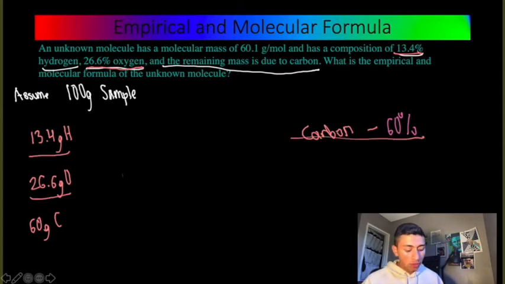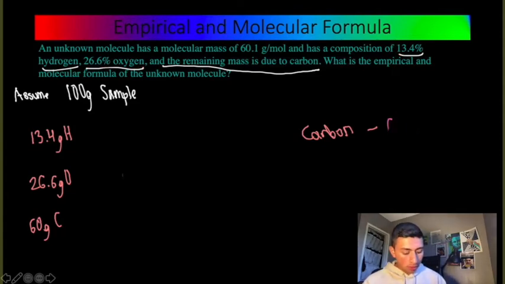And once again, since we found out that 60% is the percent composition of carbon, 60% of a 100-gram sample would be the equivalent of 60 grams. Now, let me get rid of all these lines I just drew, but that is just to show you how I came to obtain these values here.